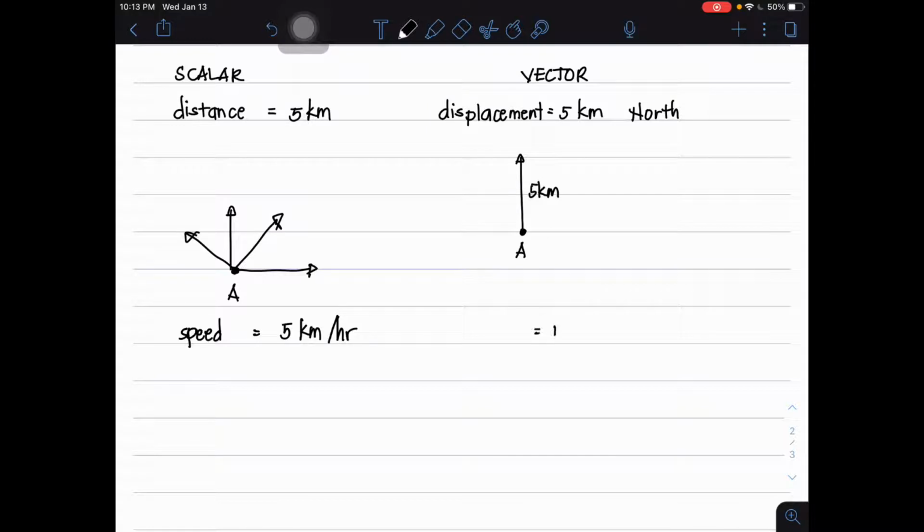Let's say that's 5 kilometers per hour at 30 degrees. So you have a direction already, and this becomes a velocity. So those are examples of scalar and vector quantities.